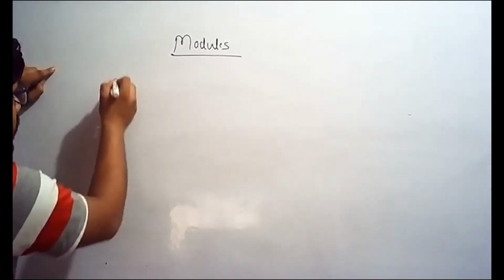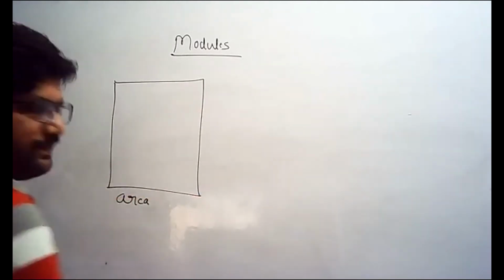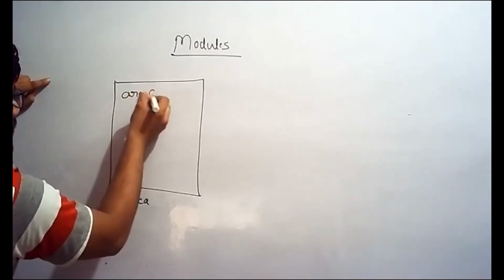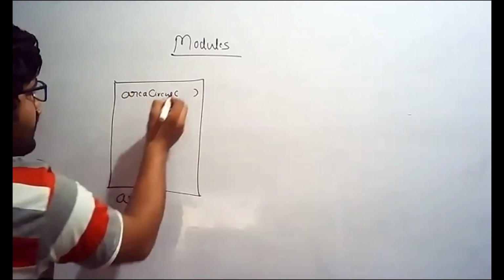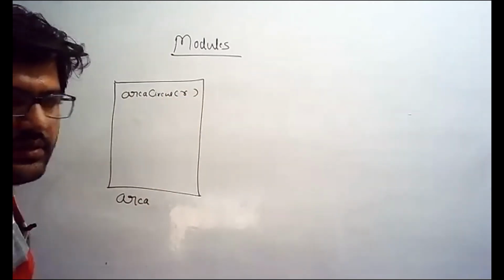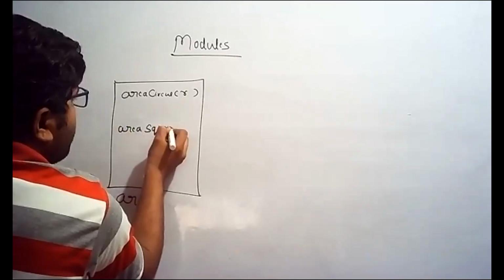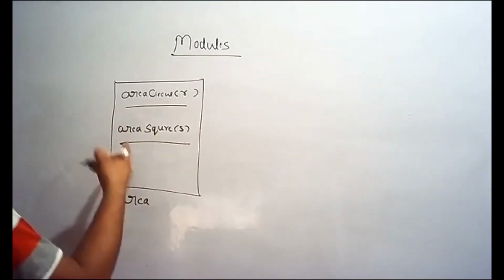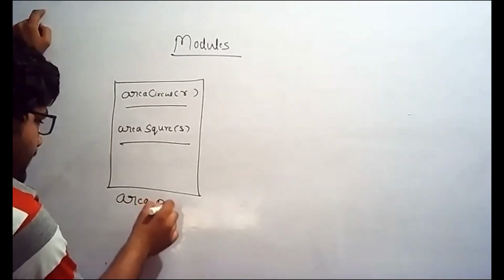So what you need to do is, in one module, that is the area module, write area of circle, where you are going to pass the radius, and area of square, where you are going to pass the side. You know return statements, you need to use return. This is the module area.py.